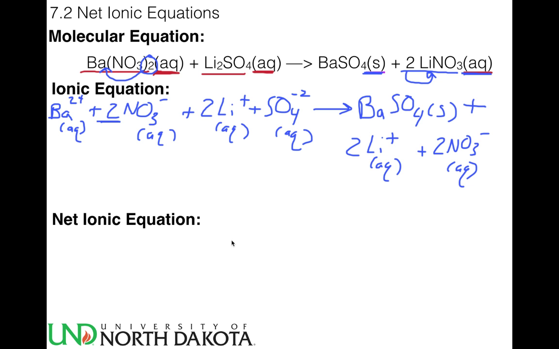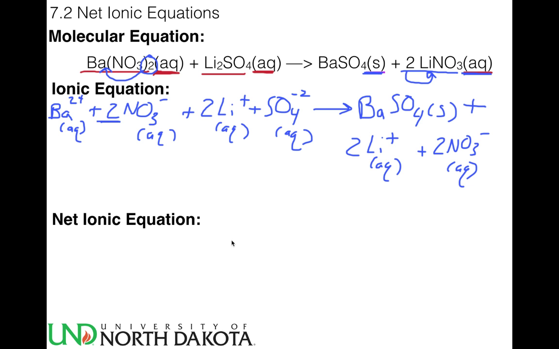For the net ionic equation, we write only the things that have undergone a chemical change. To identify if something has undergone a chemical change, we have to first identify what does not undergo a chemical change, meaning that if we have something that's the same on both the reactant side and our product side of our ionic equation, that's telling us it did not change.